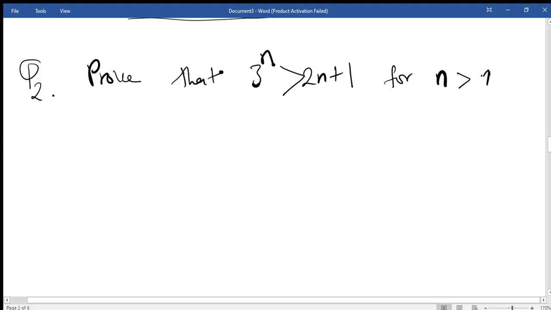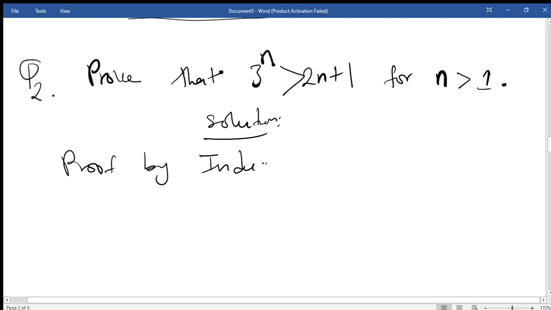We are trying to prove this. Remember the steps. The steps are, number 1, we prove by induction. That's the first thing. What method are we using here? We are proving by induction.